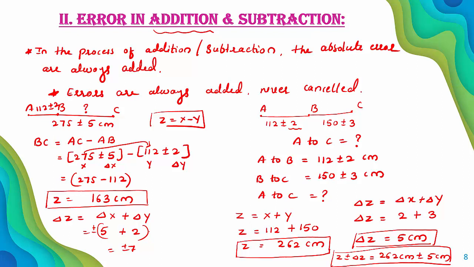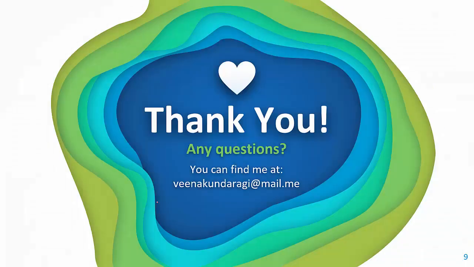Right? So now we can write the final answer, that is 163 centimeter plus or minus 7 centimeter is the error in subtraction. Is it clear? So this is all about error in addition and subtraction.